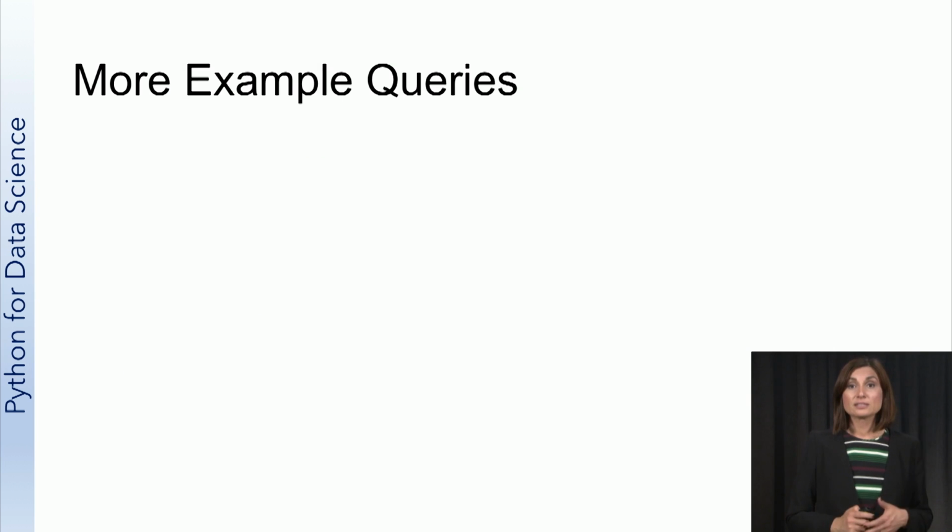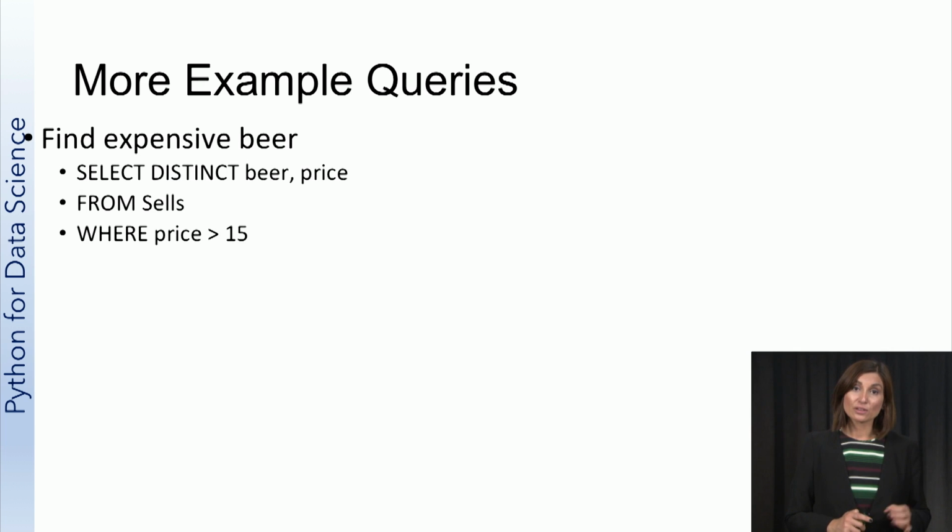We illustrate some more features of SQL using two more example queries. The first looks for expensive beer and its price. Select distinct beer and price from sells where price is larger than 15. Let's say we consider beers to be expensive if it costs more than $15 a bottle.